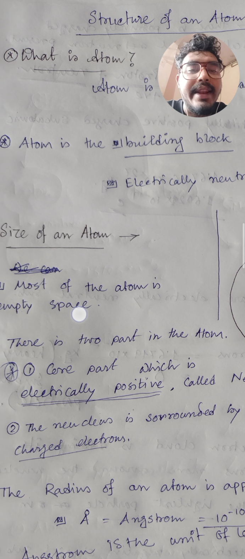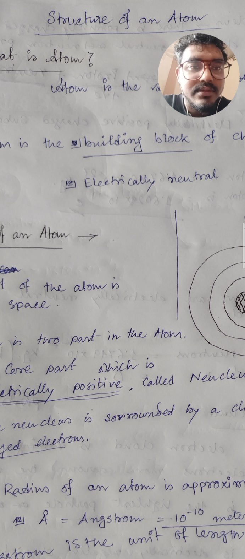An atom is electrically neutral. What is electrically neutral? The net charge of the atom is zero. The atom is not a positively charged or a negatively charged particle. It's an electrically neutral particle.